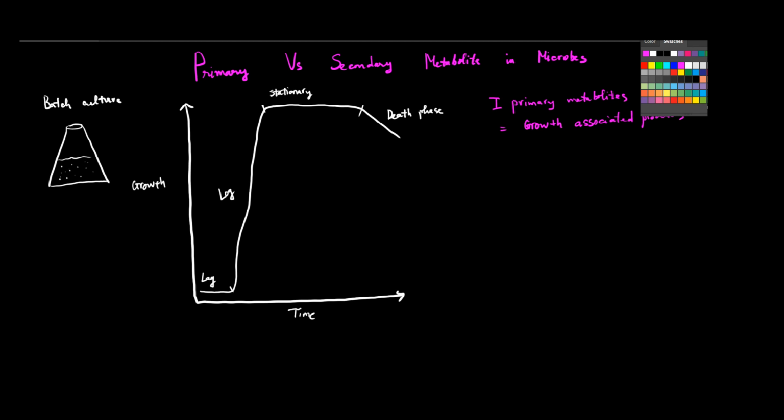They are produced mostly during the log phase of the microbial culture. So if I have to draw their profile, it should look like this, very much similar to the growth profile of the microbial culture. Right?